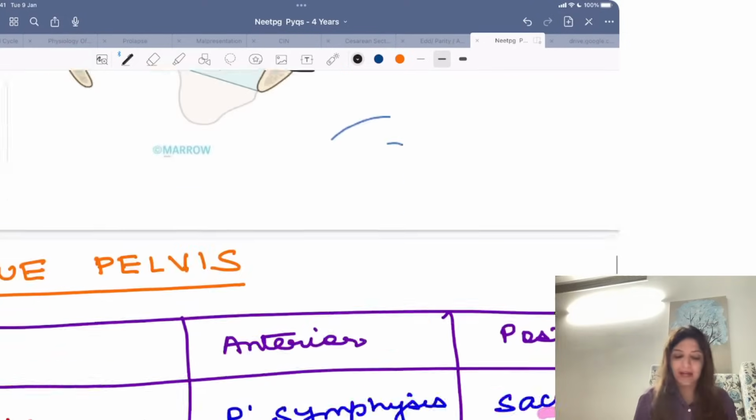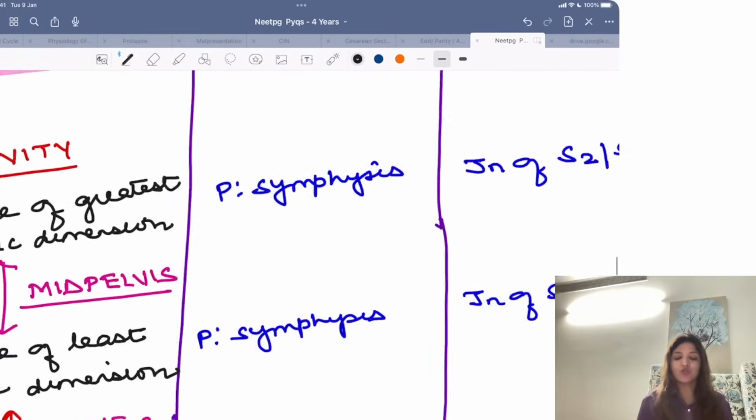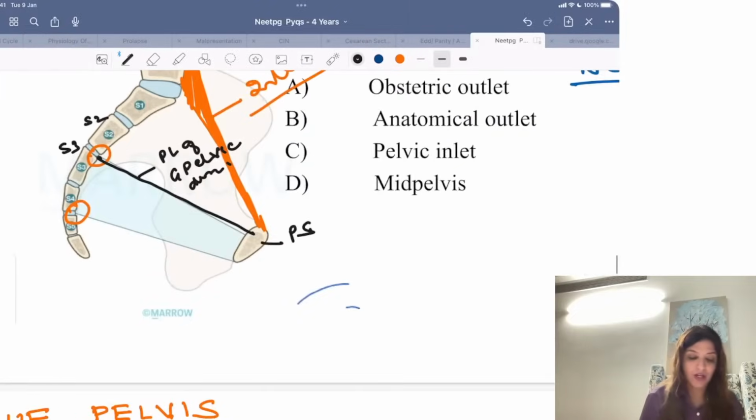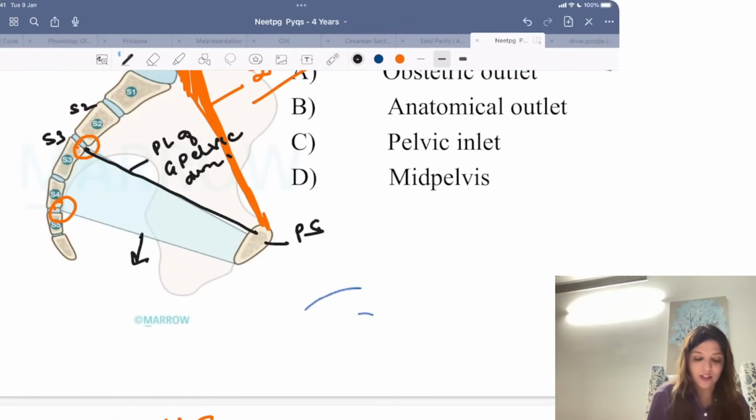Then you have a plane of least pelvic dimensions which anteriorly is bounded by pubic symphysis. Posteriorly you have junction of S4, S5. So this over here is plane of least pelvic dimensions.